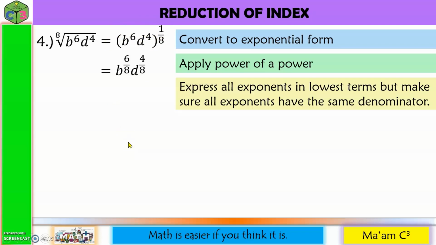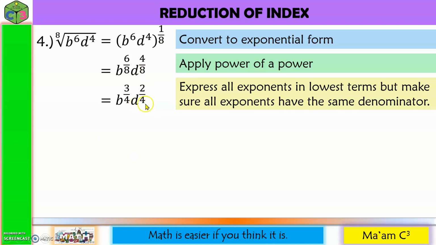Next one, express all exponents in lowest terms, but make sure all exponents have the same denominator. So 6, 4, and 8 are all divisible by 2, so let us divide them by 2. 6 divided by 2 is 3, 8 divided by 2 is 4, so I have b raised to 3 over 4. 4 divided by 2 is 2, and 8 divided by 2 is 4, so I have d raised to 2 over 4.